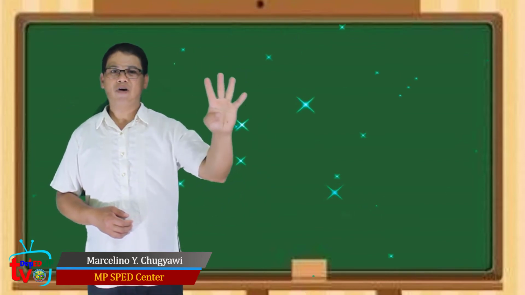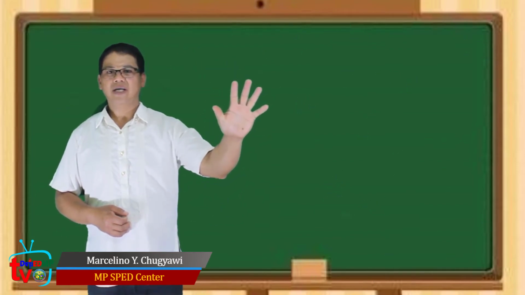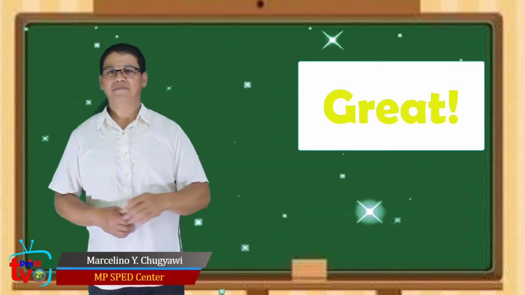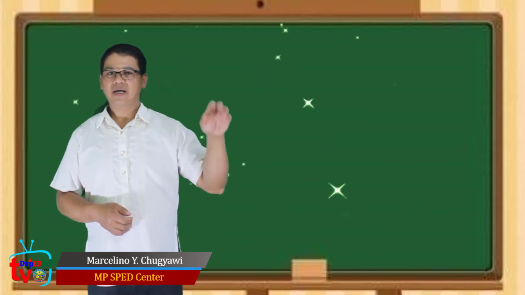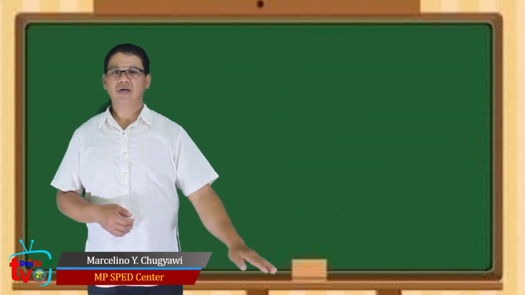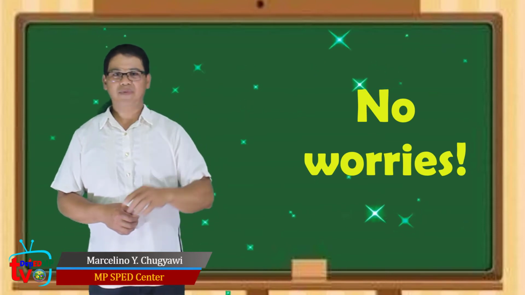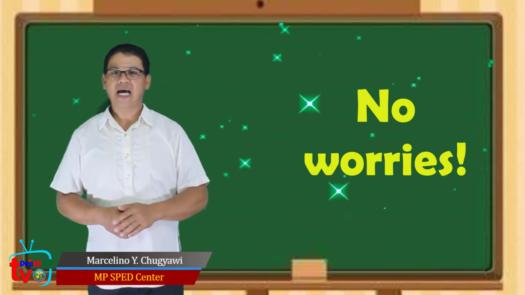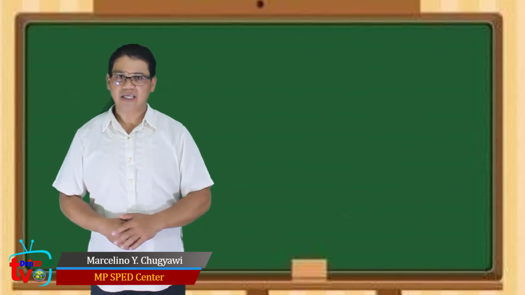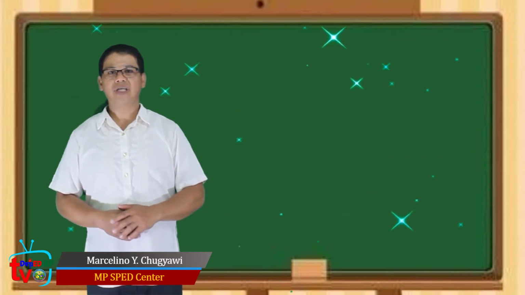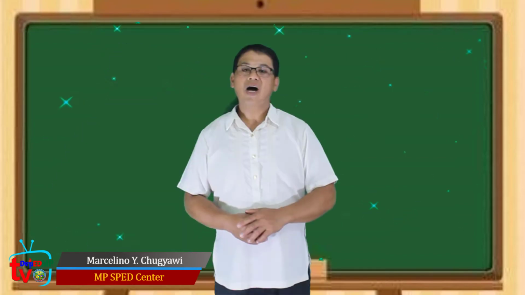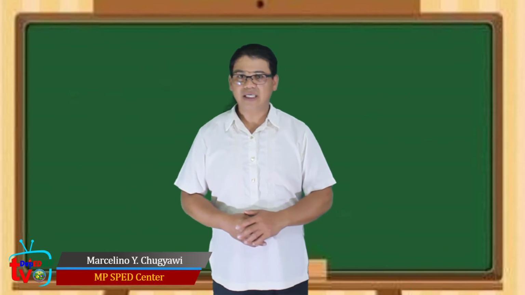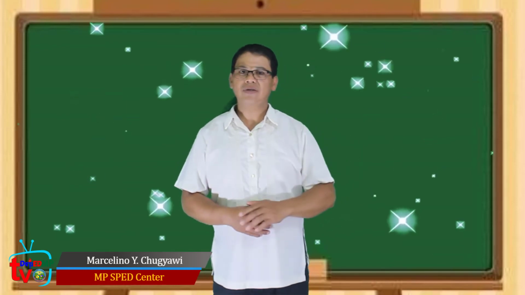If you got 4 or 5, you are great. But if you got 3 and below, don't worry because we will still have lots of activities to answer for you to get a higher score. All you need to do is to listen for you to understand.